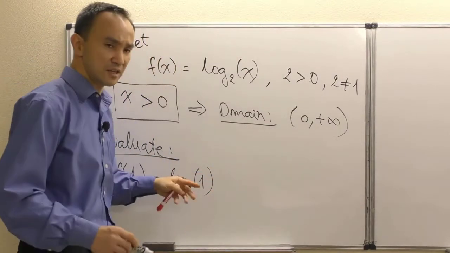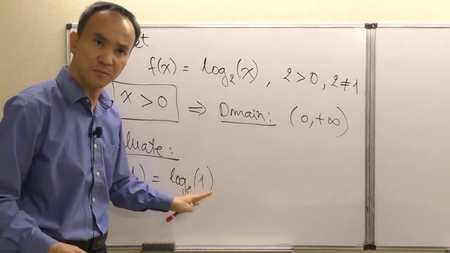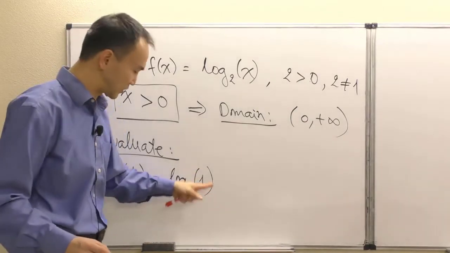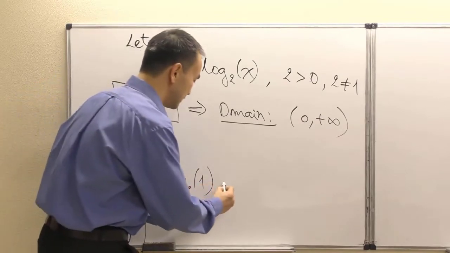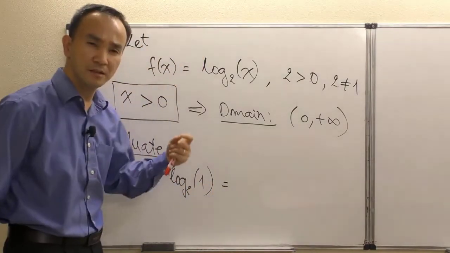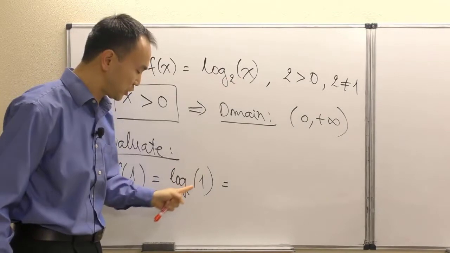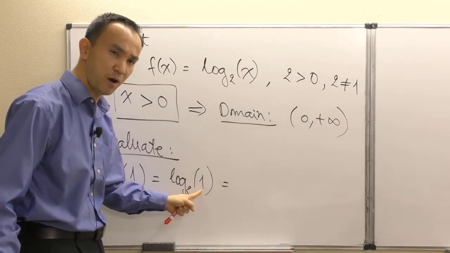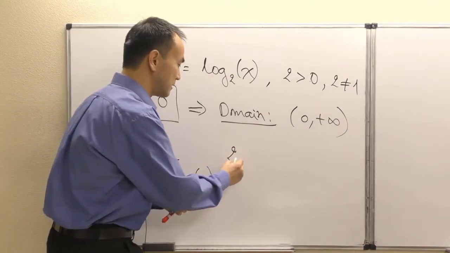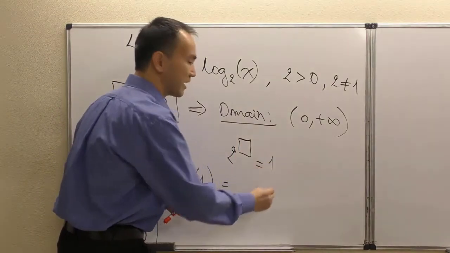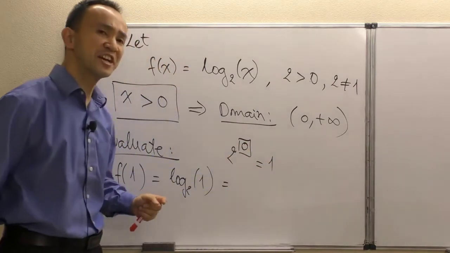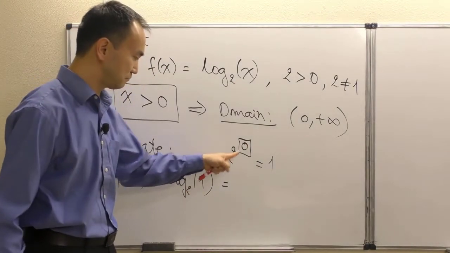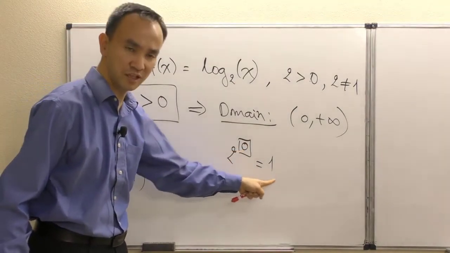Now log base 2 of 1. Definitely you must have seen my introduction to logarithms, so with a problem like this, it's easy to see: what power of base 2 can equal 1? Algebraically, we know that power 0 of base 2 equals 1.